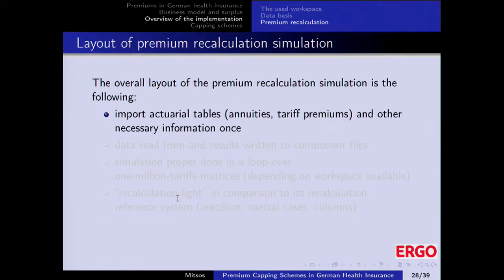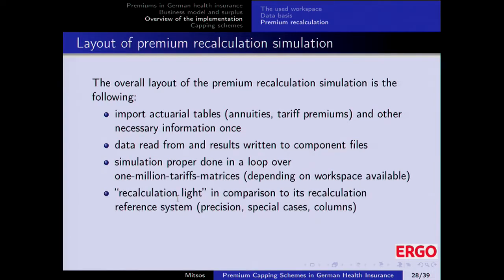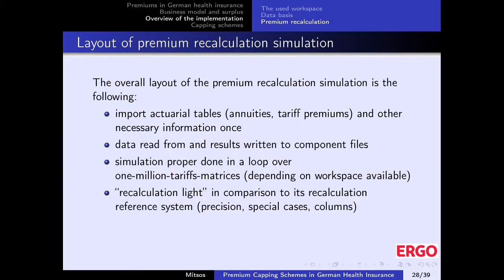The layout of this premium calculation is again very simple. It starts by importing all the annuities and other stuff it needs, and then in the main loop it always reads something like 1 million cases in, simulates the premium recalculation and writes the result back to a component file.